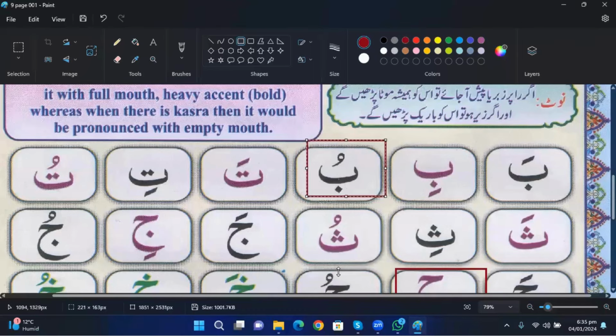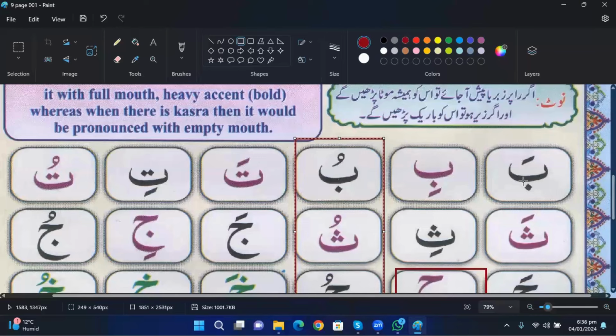It's a very important chapter because up to here you just started your student on the recognition of the letters, identification of dots, their actual shapes and their joining shapes. From this chapter, the topic is totally different, where they are going to learn about harakat and their sounds.